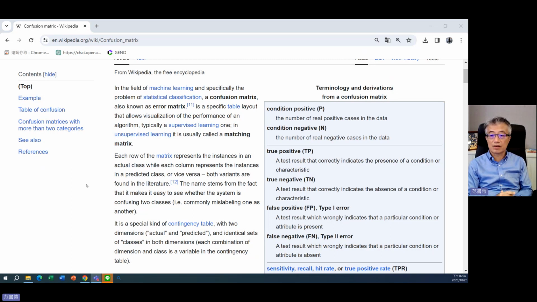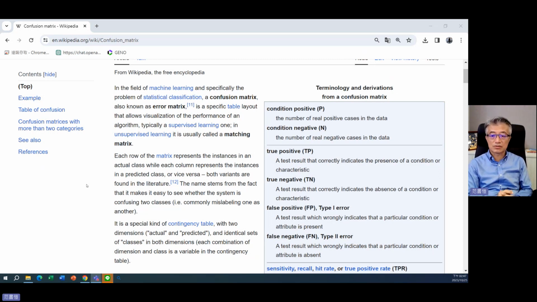Both variants are found in the literature, so you can check the machine learning or deep learning literature or textbooks. The name stems from the fact that it makes it easy to see where the system is confusing 2 classes, commonly mislabeling one as another, like a boy mistakenly considered a girl.